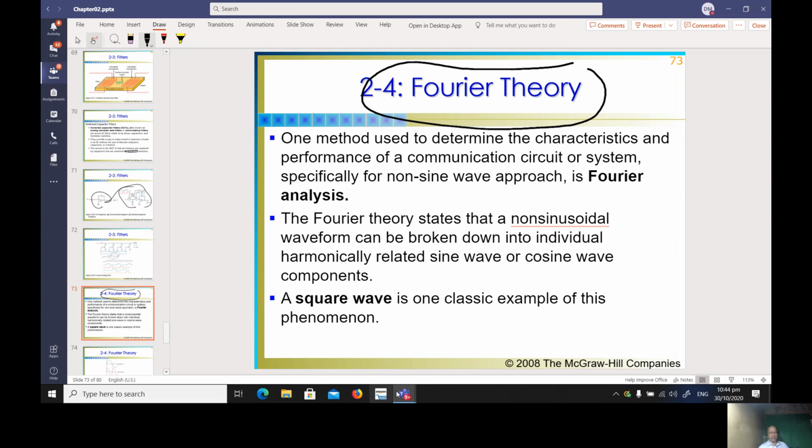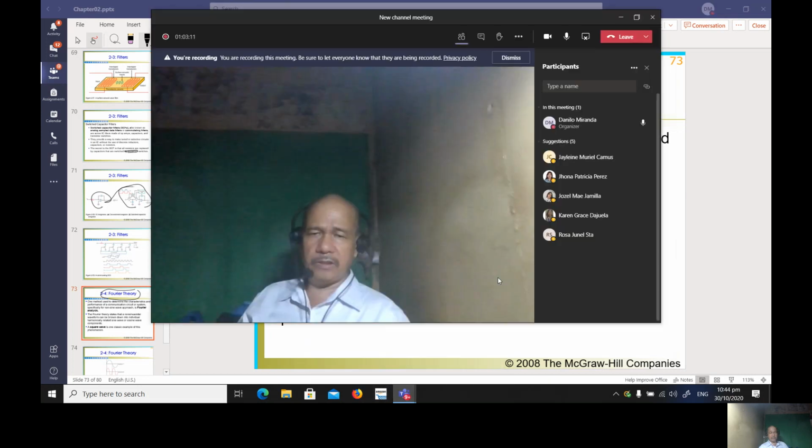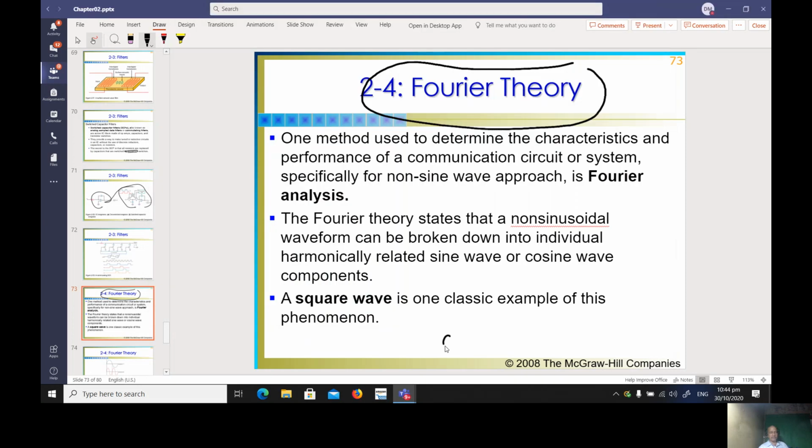All right, that is the end of our chapter 2. It consists of oscillators, shunt circuits of filters, noise, and its measurement indicators, the dBm indicators.